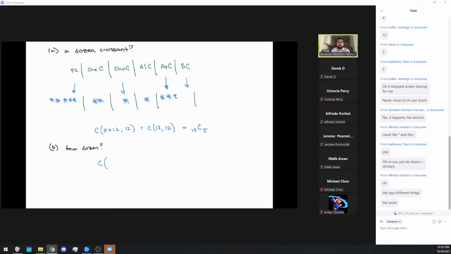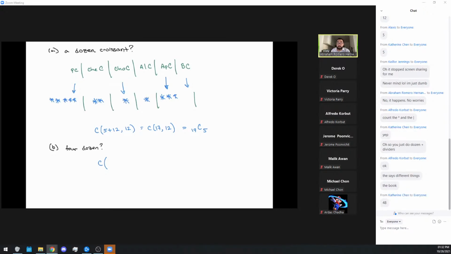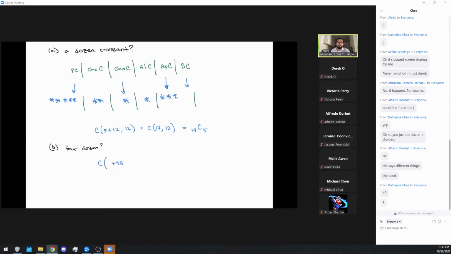First, the donuts: 48, right? Plus the dividers. How many dividers will we need? 5, exactly, because there's 6 types of donuts, and to separate them, you need 5 dividers. Comma, well, I'm selecting 48 donuts. So in the end, it's just simply C of 53, comma 48, whatever that is.